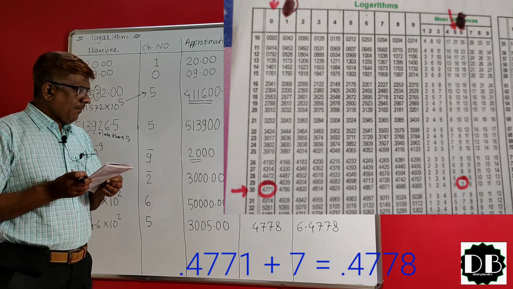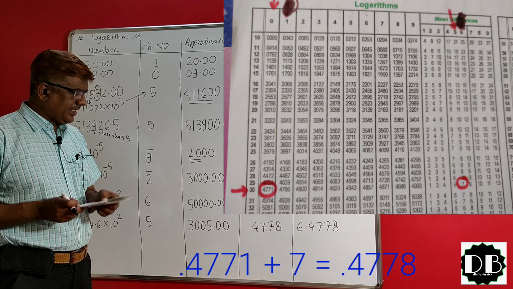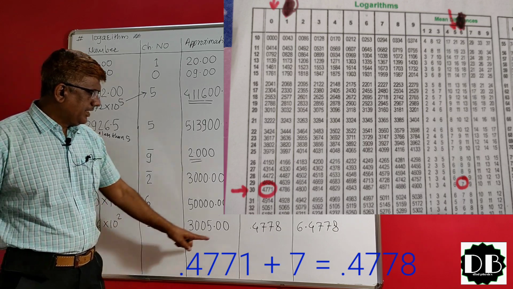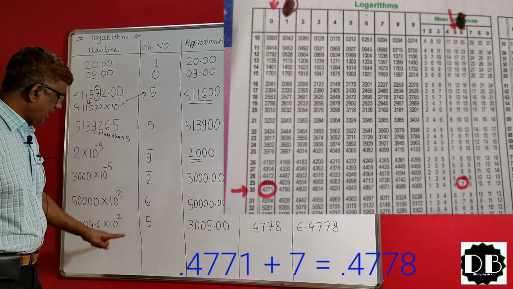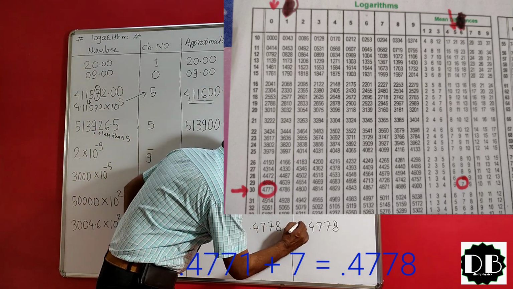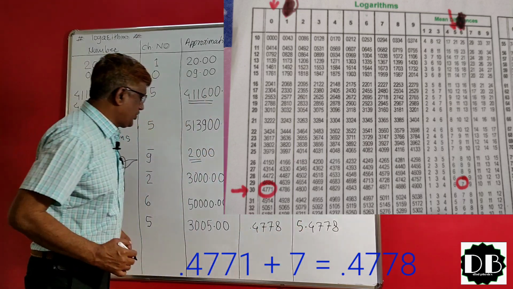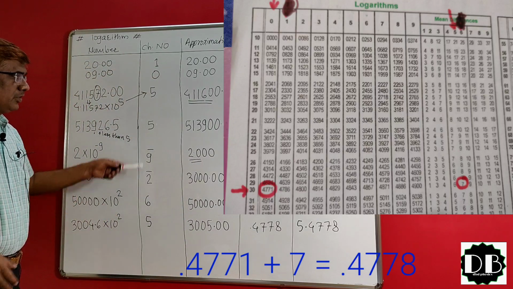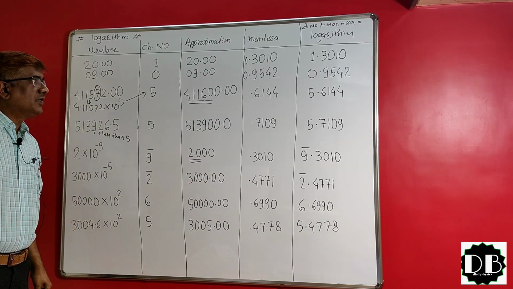We have 4778. 4778 is its mantissa. Character number is 5. Thus we see a few more numbers and how their log works.